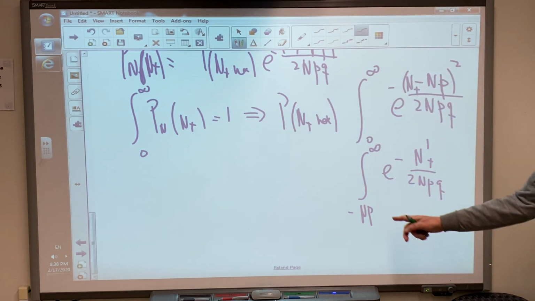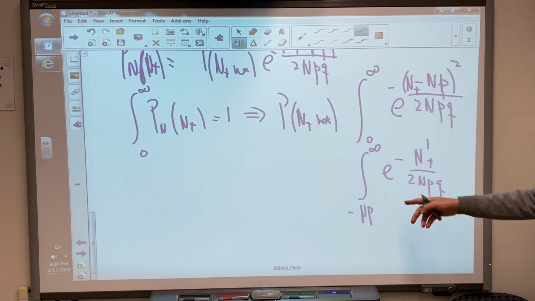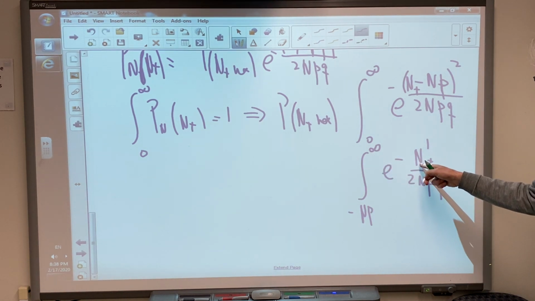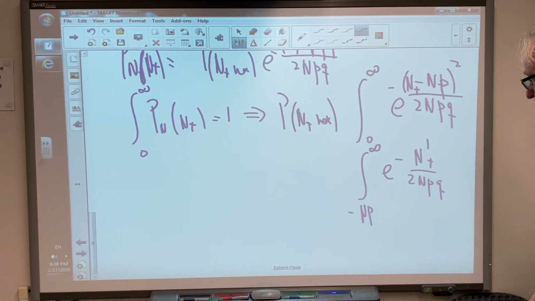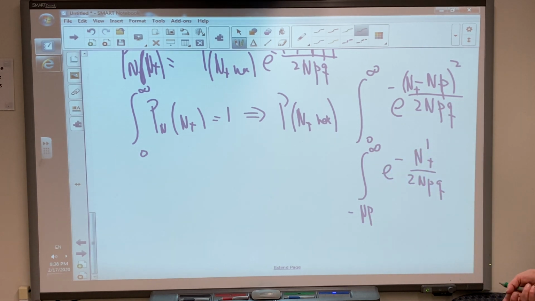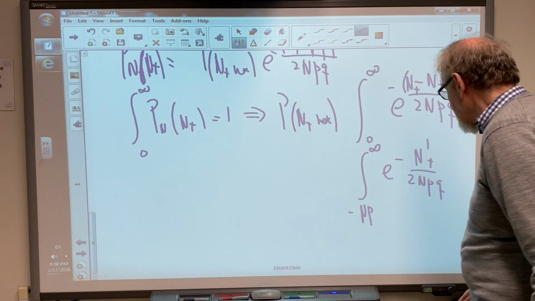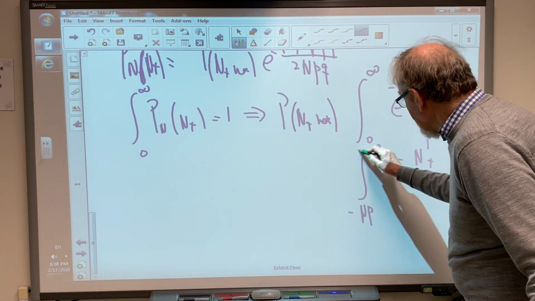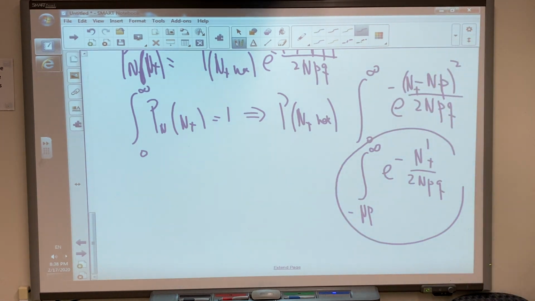In the limit when n is very big, since this decays, this is the same as going all the way from minus infinity to infinity, and this is a Gaussian integral. And not only that, but this integral we know how to calculate.